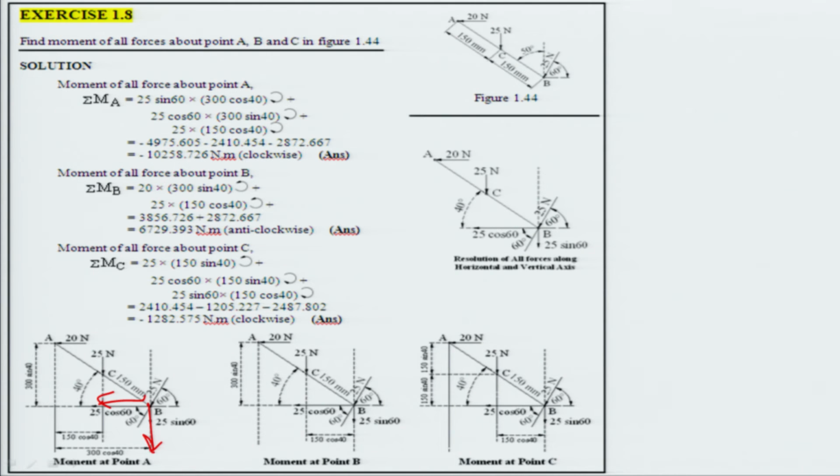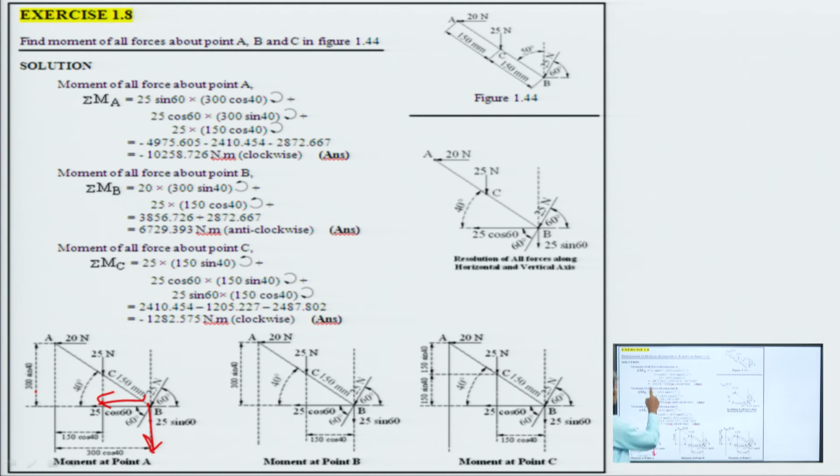What will be the perpendicular distances? The perpendicular distance can be found from this figure. First one component, point A is here. So for 25 sin 60, what will the perpendicular distance be?